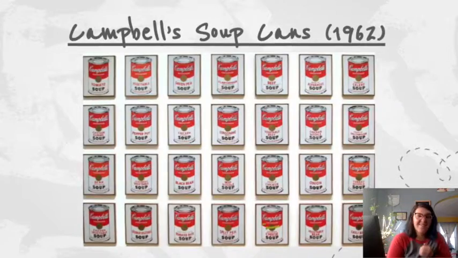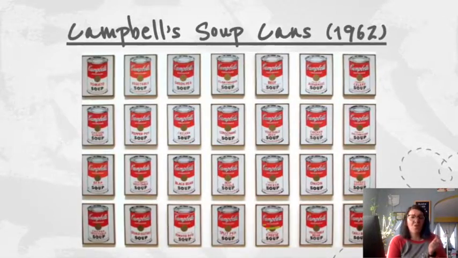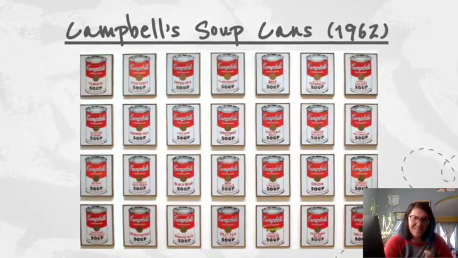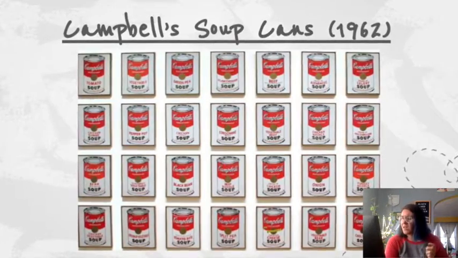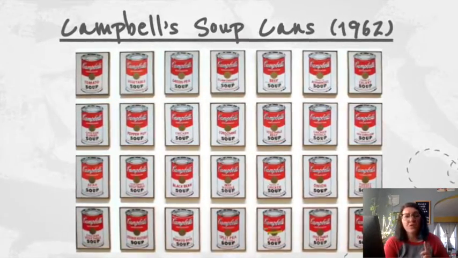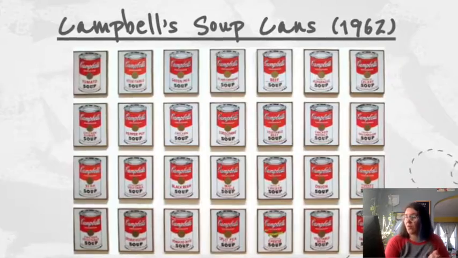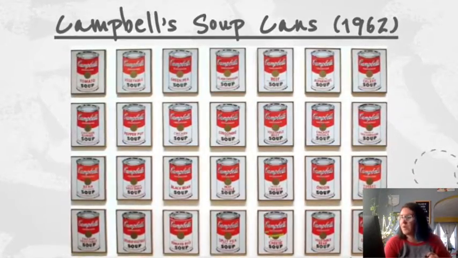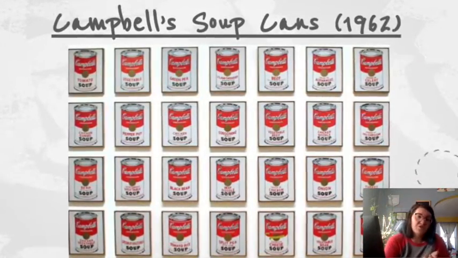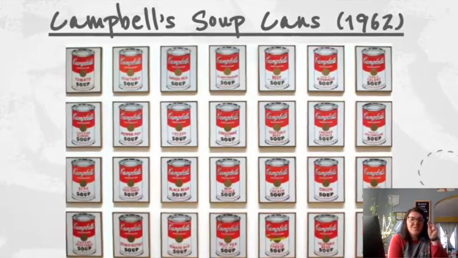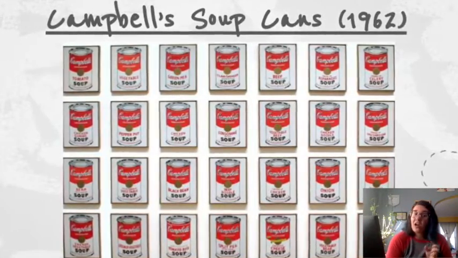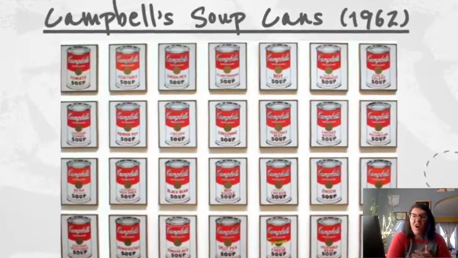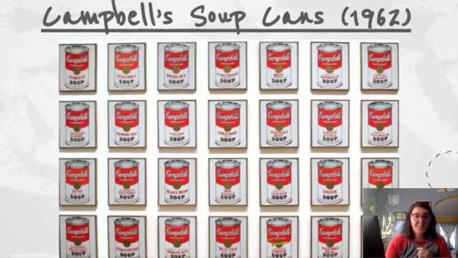We see a lot of soup cans repeated over and over. Do they look exactly the same? Pretty close, but if you look really carefully, you notice that one of them is beef soup and one of them is chicken soup. So there's small details that are different, but overall they're all this repeated soup can.